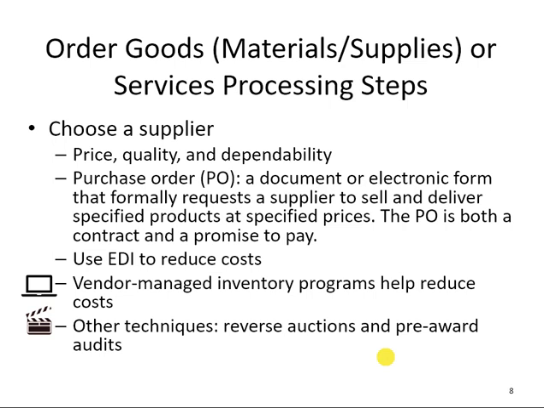And to reduce errors and improve quality, we can also do pre-award audits, in which we send out our internal audit to visit each supplier. So we verify the accuracy of its bid before we award the contract.